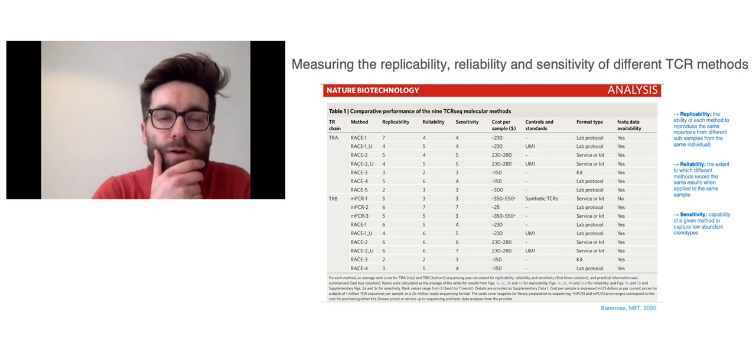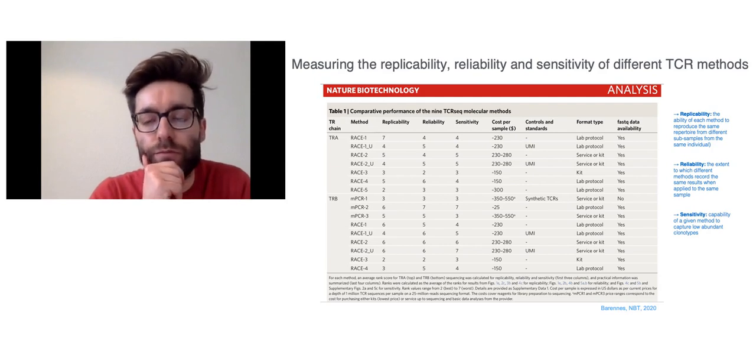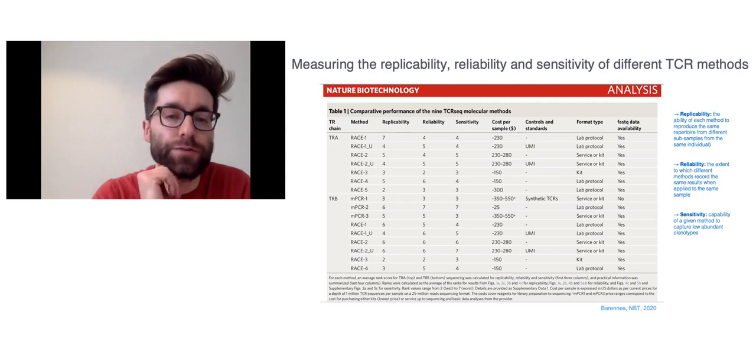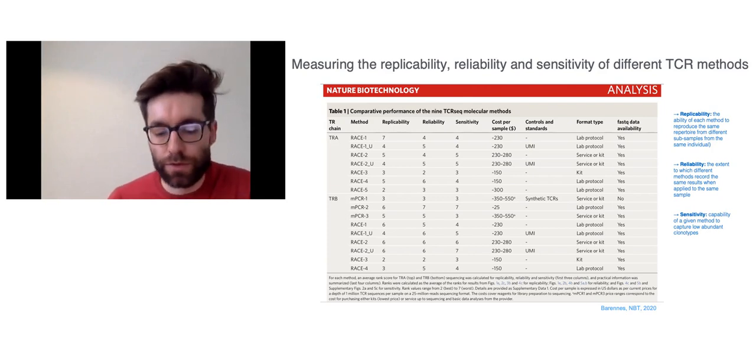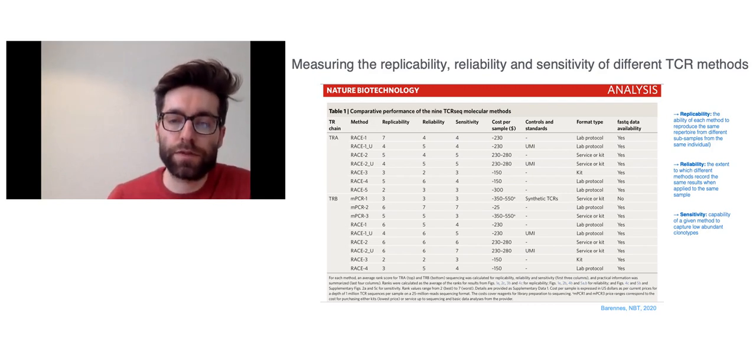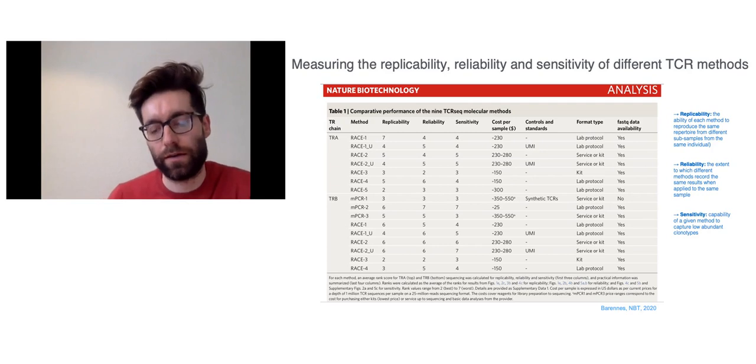A very nice paper, again on how data can vary across different sequencing methods, has recently been published in Nature Biotech in 2020. And here I think the main takeaway was that there was variability across different approaches, and the variability was decreased or increased by using UMIs, so unique molecular identifiers, or not.